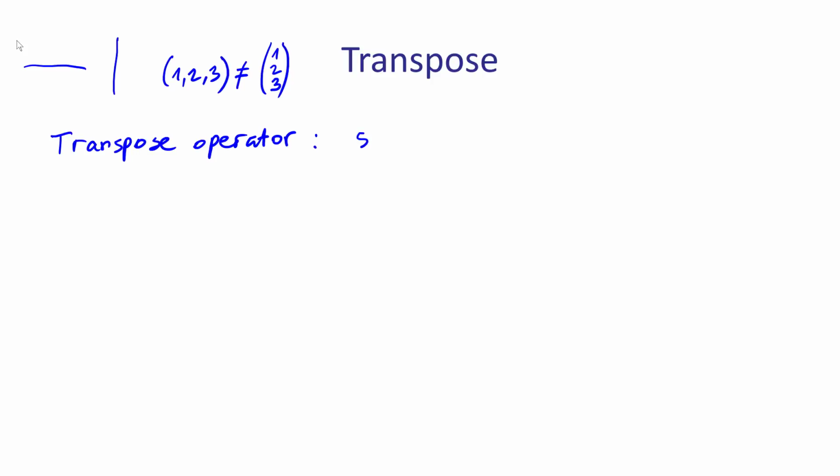This is superscript T. For example, 1, 2, 3 transpose equals the column vector 1, 2, 3.